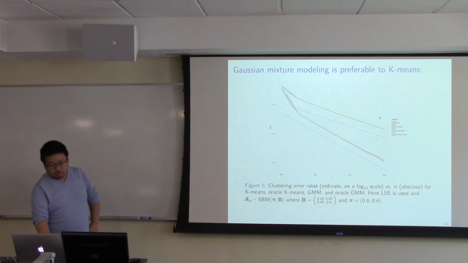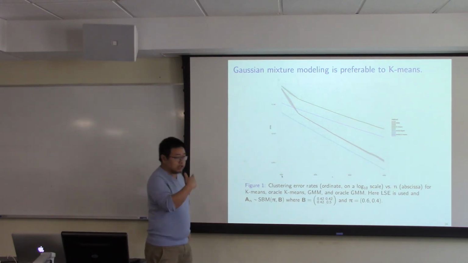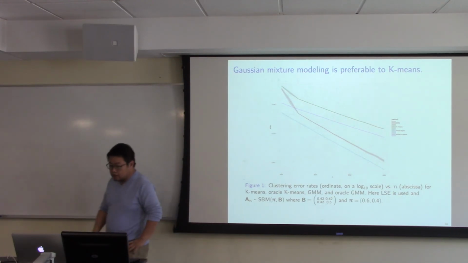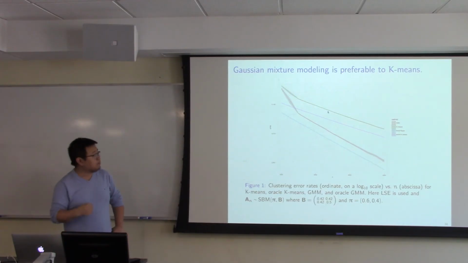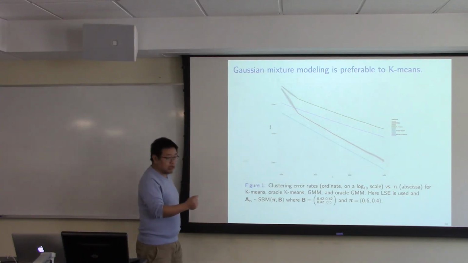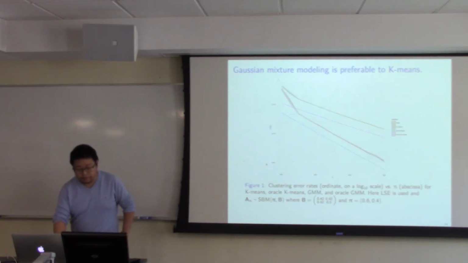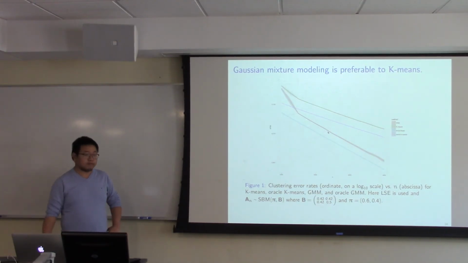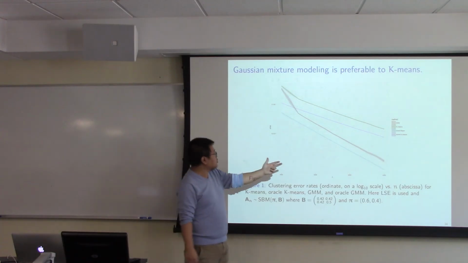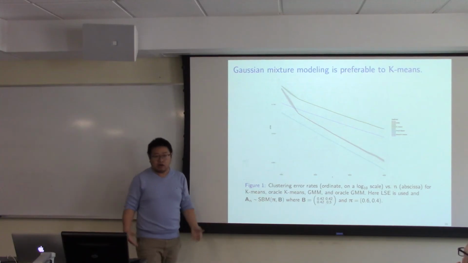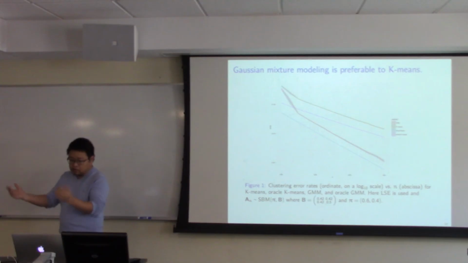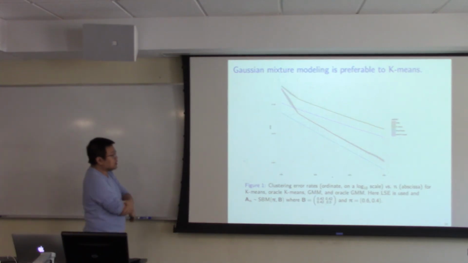This is that figure in a simulation. I have here the performance as the number of vertices in the graph increases. The green line is what happened when I embed using Laplacian spectral embedding and then k-means as n increases. This is the misclustering error, and this is k-means, and this is Gaussian mixture modeling. I can see that Gaussian mixture modeling has a much smaller error rate, by maybe a factor.